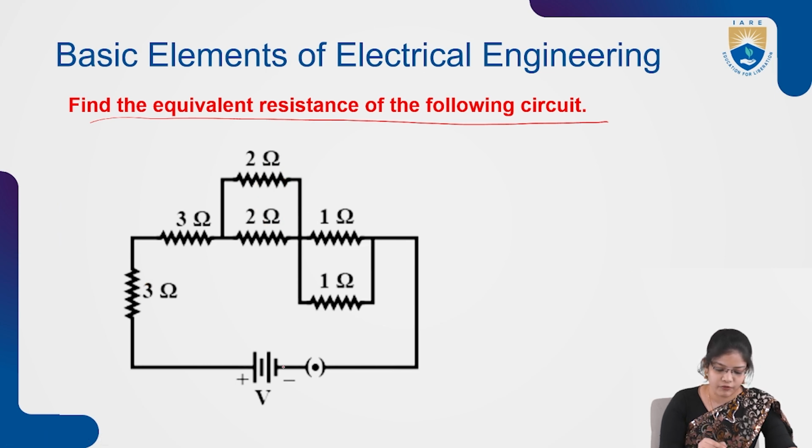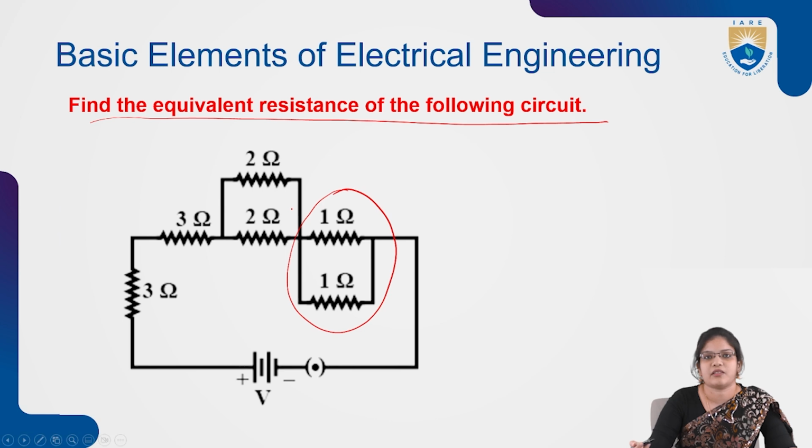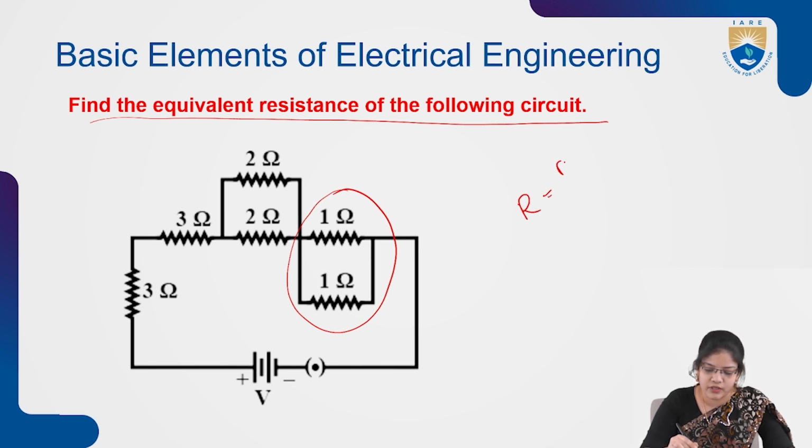First, coming from this side, we need to reduce these two parallel elements. One 1 ohm resistor and another 1 ohm resistor are connected in parallel. So first we have to reduce this circuit. The R equivalent is generally taken as R. The formula for this will be R1 into R2 by R1 plus R2.